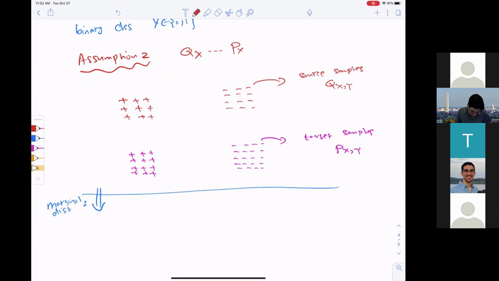What I see are just some points from source here and some points from target here. I don't see the labels, right?